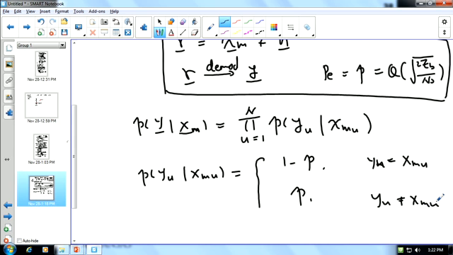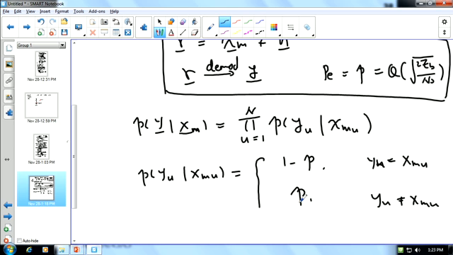Okay, so keep in mind y now is a discrete random variable. It's no longer a continuous random variable. It's a discrete random variable. Okay, so error probability is defined as the probability that y does not equal x, which is the Q function that we discussed in chapter 3.